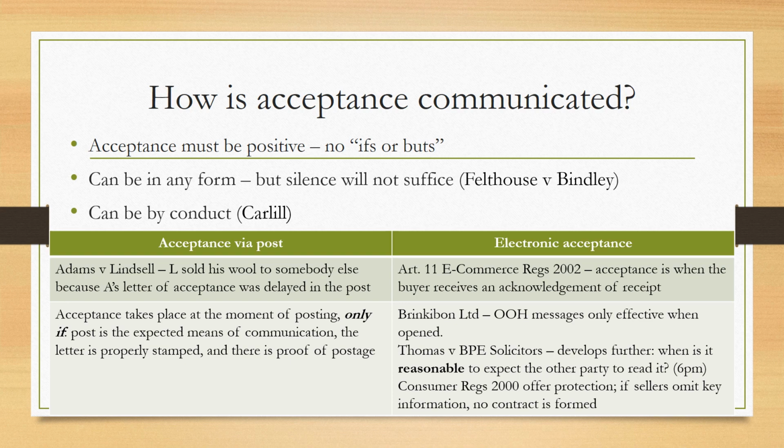And we have some consumer regulations that offer protection if sellers or offerors leave out key information in a contractual offer to you, then even if you accept it, you would not be bound by that. You would have an avenue of suing or compensation, if you like. So I hope that those rules make sense for you.